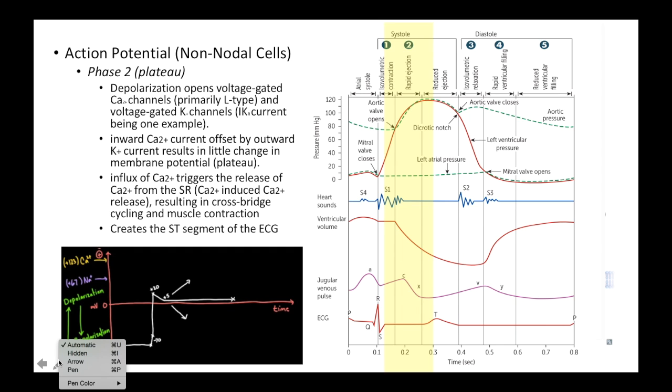And on this diagram, just wanted to explain again, we have our calcium entering the cell, trying to raise or depolarize further, and then we have our potassium channels that are newly opened, trying to leave the cell and repolarize, and they cancel each other out, and you get this nice little plateau.